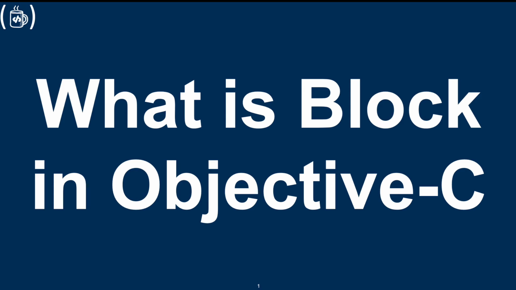So is there any possible way to write such code? Yes, to overcome this step by step sequential execution of the code, they introduced block or closure. You can say in Swift that is closure. So what it does is it will execute all the lines, then at a later stage it will execute that particular block of code.